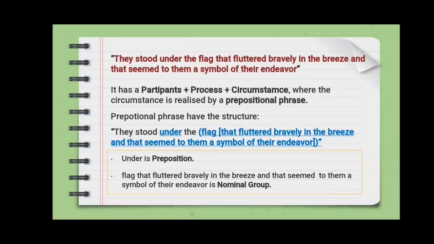They stood under the flag that fluttered briefly in the breeze and that seemed to them a symbol of their endeavor. Under is a preposition, and flag that fluttered briefly in the breeze and that seemed to them a symbol of their endeavor is a nominal group.